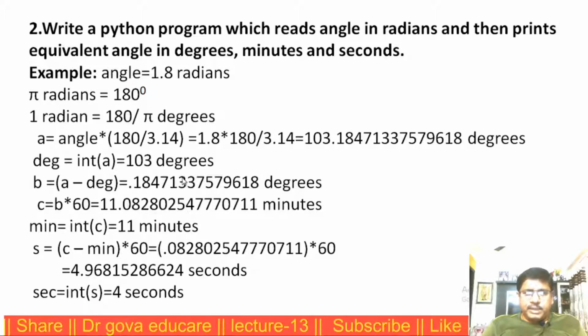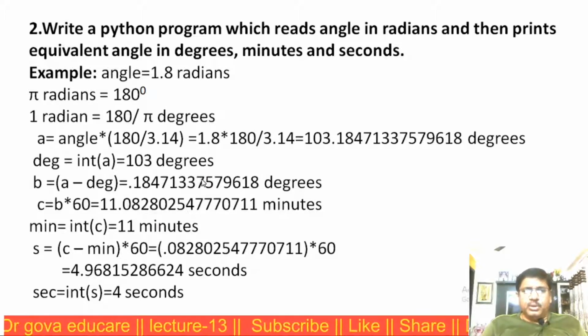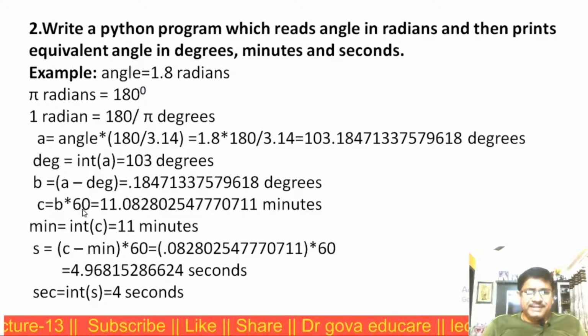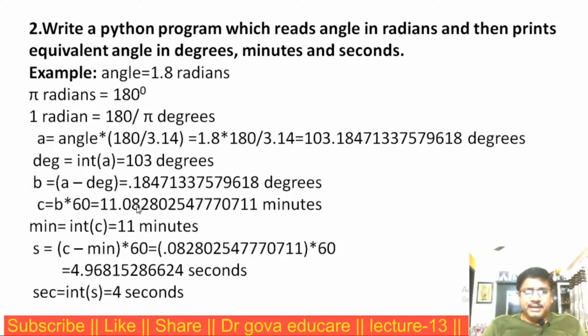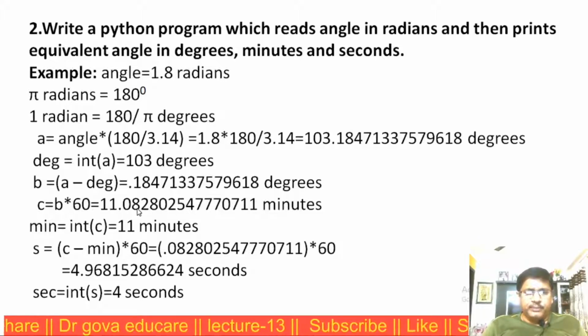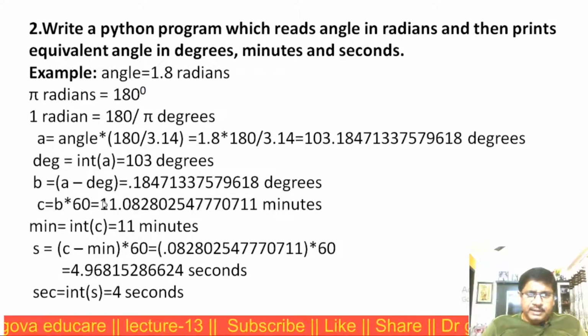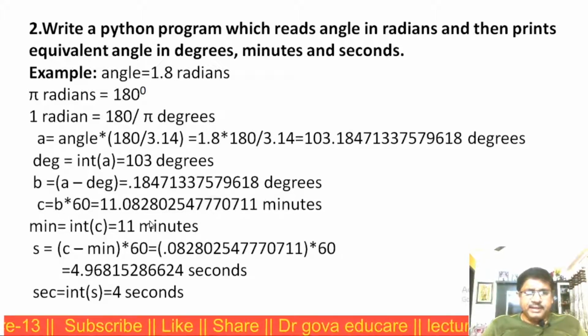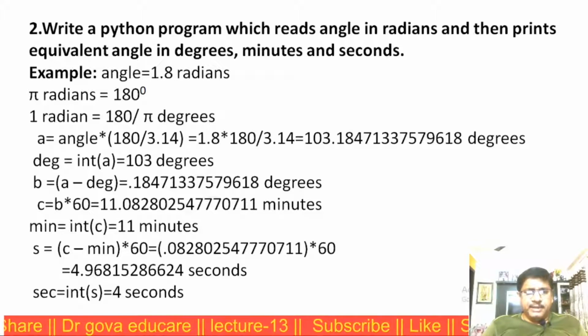I want to convert this into minutes. Now b into 60, we get minutes, here 11.08 and so on. I want to get the integer part. Int of c is minutes, that is 11 minutes.